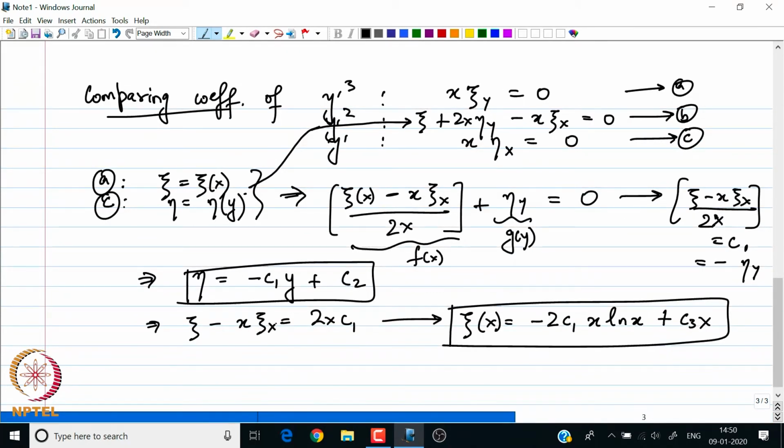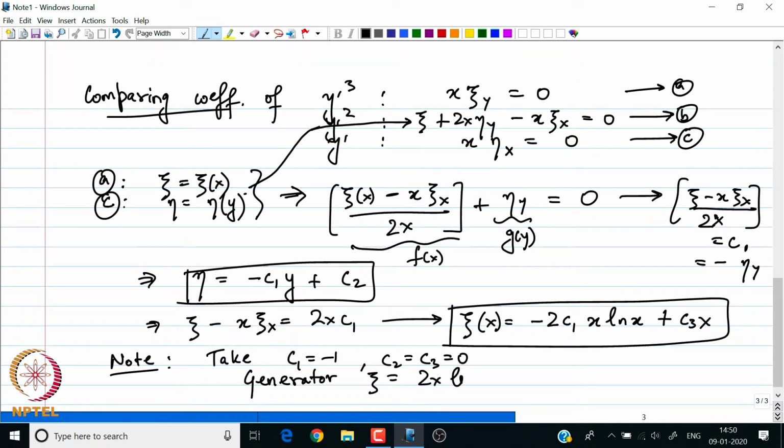And so, let us come back to the example we are discussing. Suppose we take my C1 to be minus 1, C2 to be 0 and C3 to be 0. With all these values, I get my generators, xi equal to 2 x log x, and my eta to be y.